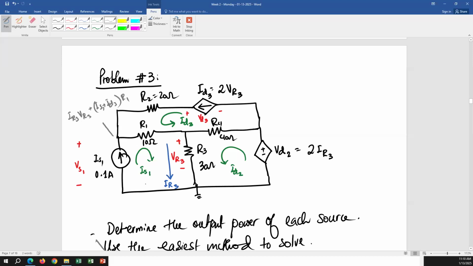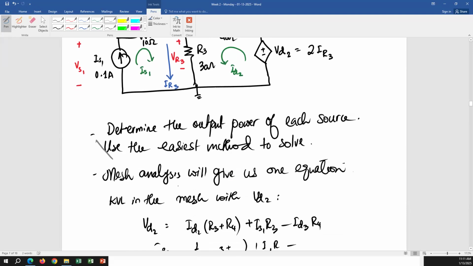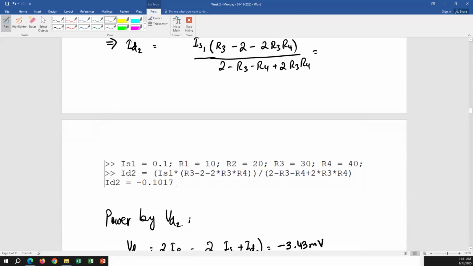And basically you're applying the KVL here. Negative VS1 plus IS1 plus ID3 times R1 plus VR3 is equal to 0. That's what you're doing. So let's go ahead and solve this voltage VS1.